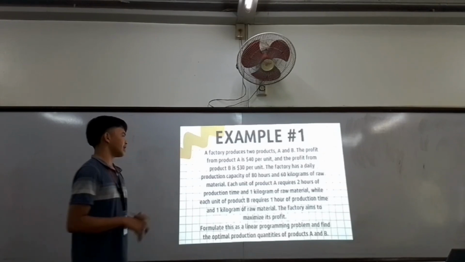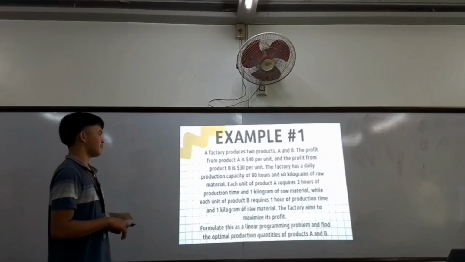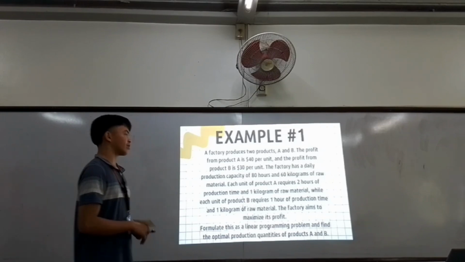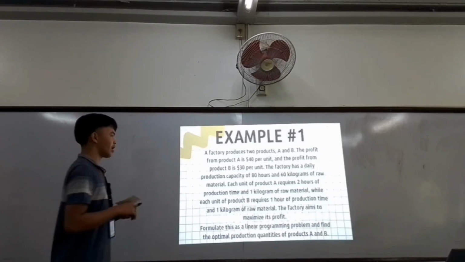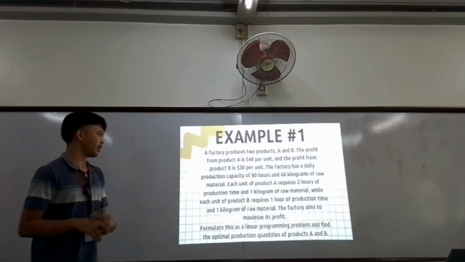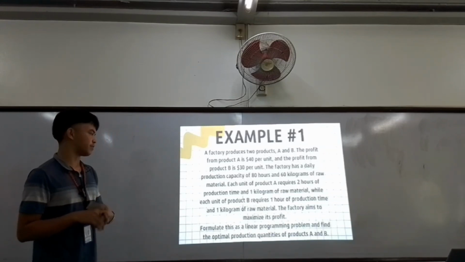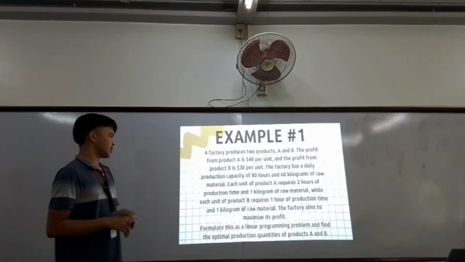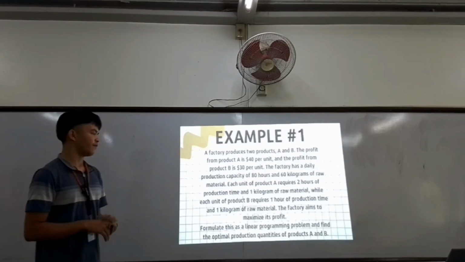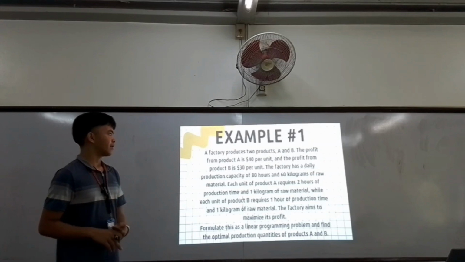Each unit of product A requires 2 hours of production time and 1 kilogram of raw material, while each unit of product B requires 1 hour of production time and 1 kilogram of raw material. The factory aims to maximize its profit. Formulate this as a linear programming problem and find the optimal production quantities of products A and B.